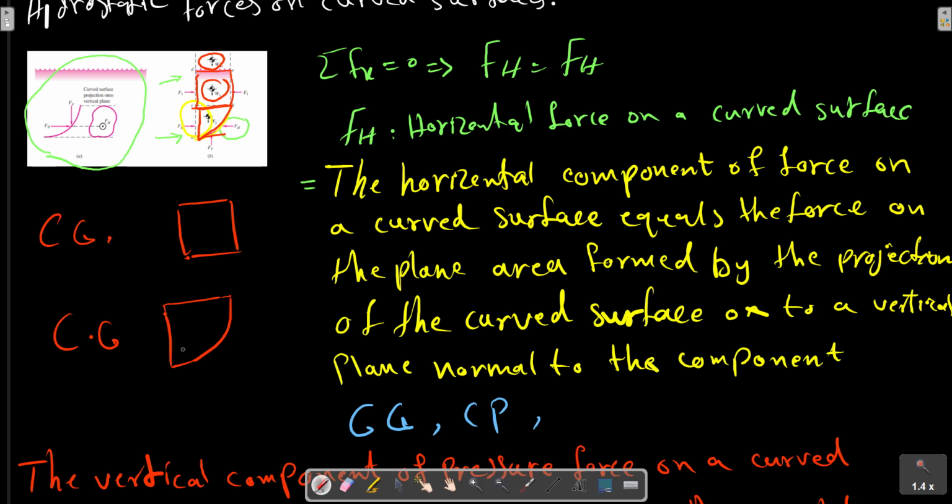By making a moment about any point, we can calculate the point of reaction.